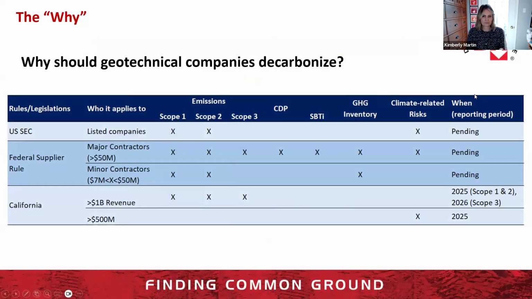In North America specifically, and this is outlined in the new version of the guide, we see a changing landscape from rules and legislation. Again, we may work for listed companies or be a major contractor for federal projects, but you may want to be aware of the requirements that are pending for the owners and clients we work for, because they may have to do things like report all of their scope 3 emissions, which I showed you, if you're working for them, includes your emissions.